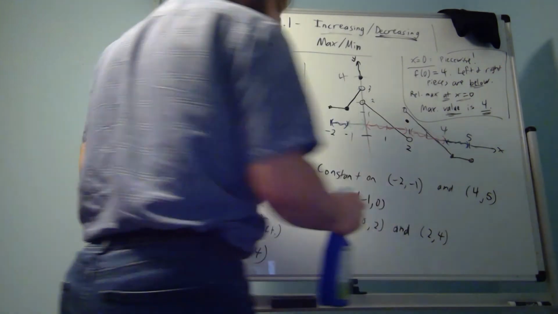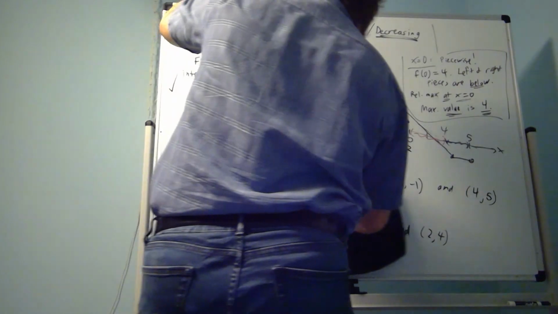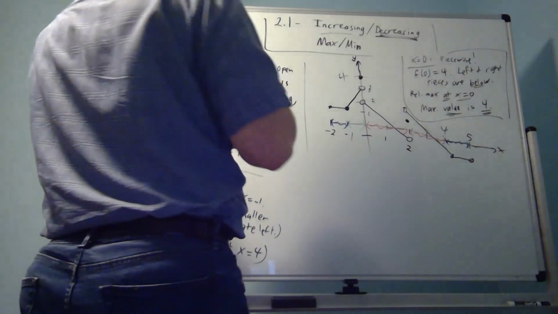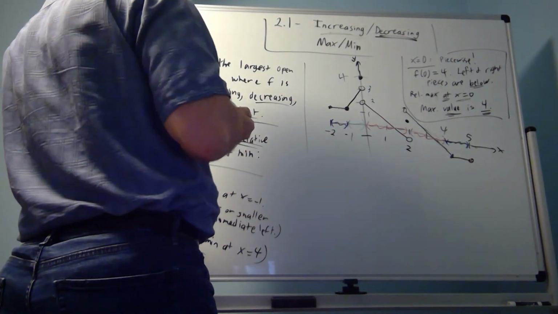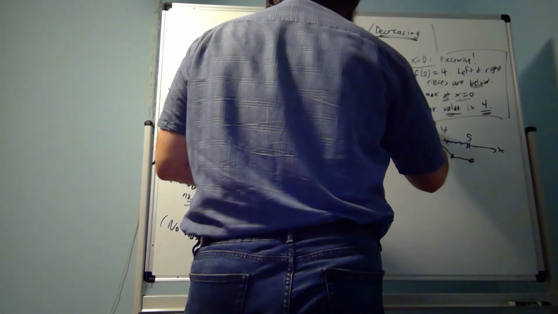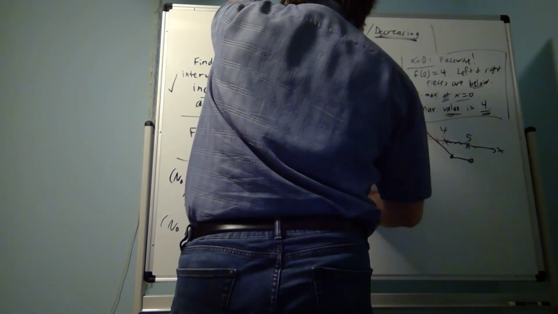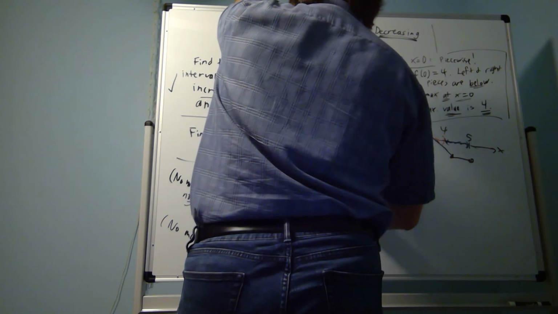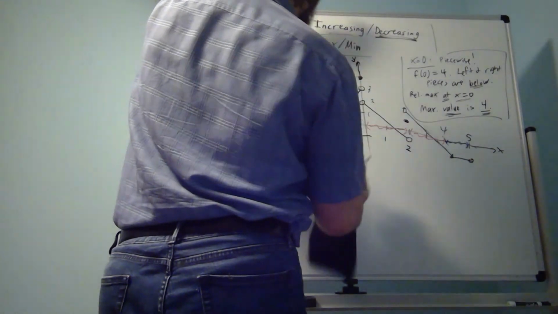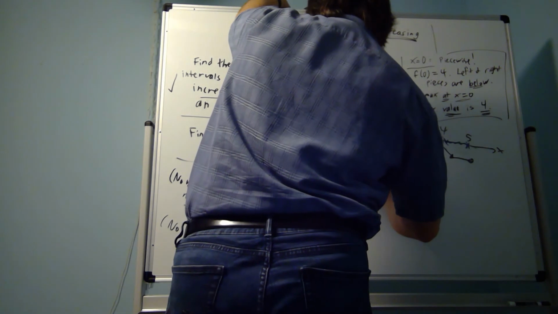So x equals 2. Is that anything at all? We have to at least analyze it because it looks really funky, but we just ask ourselves: am I bigger than all of my immediate neighbors? Am I smaller than all of my immediate neighbors? So here we're at y equals 1.